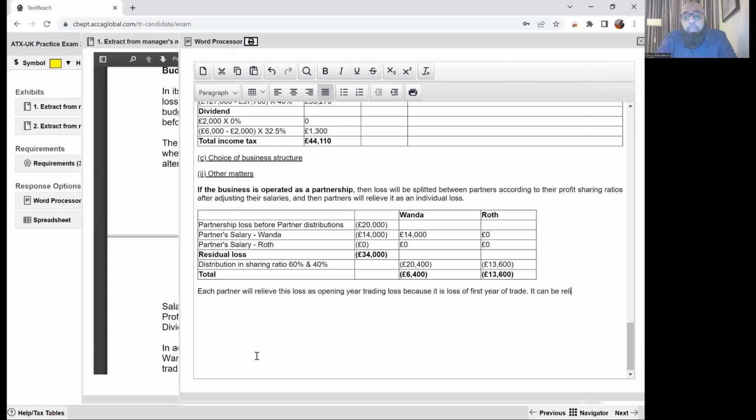It can be carried back against the last 3 years total income on a first in, first out basis. I hope you all remember that opening year loss can be carried back up to 3 years on first in, first out basis. Opening year loss includes losses of the first 4 years of trading.